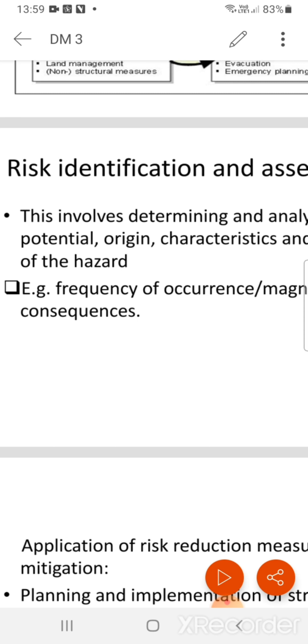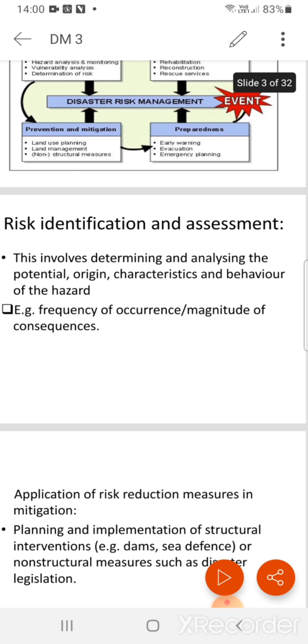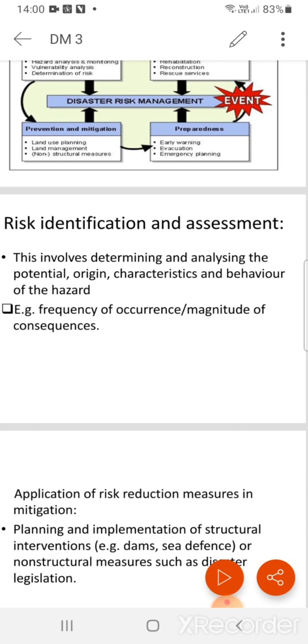And these two things, magnitude and intensity of the earthquake, directly implicate the potential of the hazard. So analyzing the potential of the hazard, analyzing the origin of the hazard, analyzing the characteristics and behavior of the hazard, all these things are involved in risk identification and assessment.